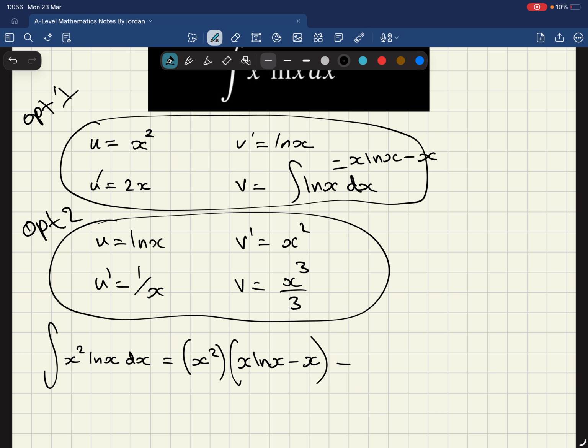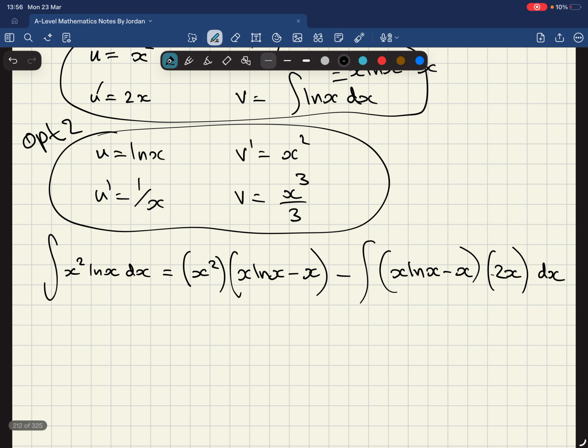There it is. Minus the integral, and then we've got vu dash. V is x ln x minus x, and u dash is 2x dx. Okay, simplifying, it's going to give us x cubed ln x, take away x squared.